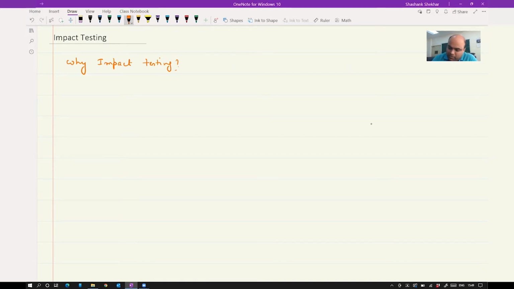Okay, so material's behavior changes during very high strain rate. Okay, and in impact testing we use a very high strain rate.